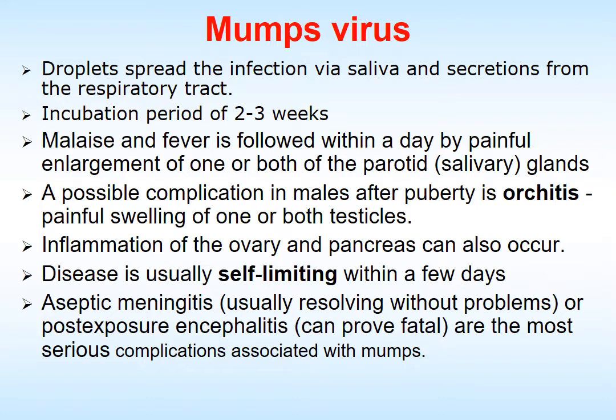A possible complication in males after puberty is orchitis. Orchitis is painful swelling of one or both testicles. Inflammation of the ovary and pancreas can also occur. The disease is usually self-limiting within a few days, but aseptic meningitis is the most serious complication in cases of this infectious disease, mumps.